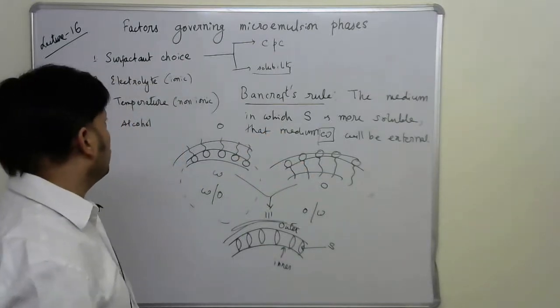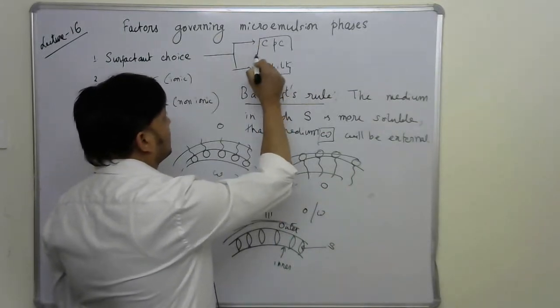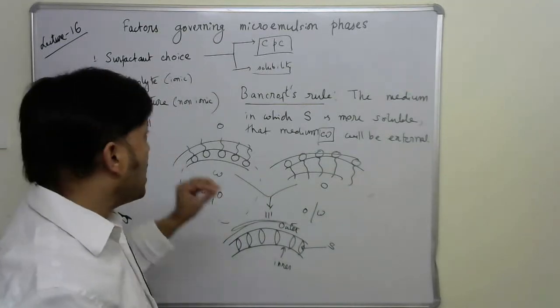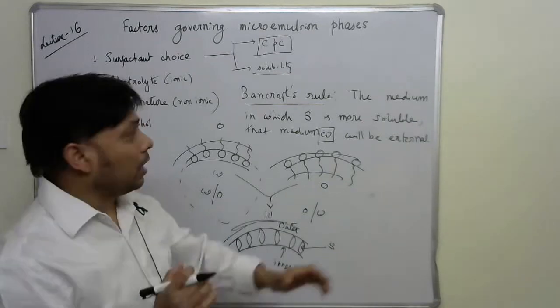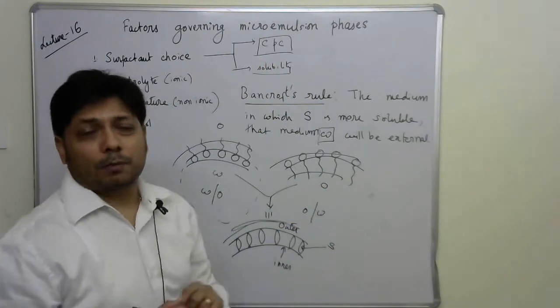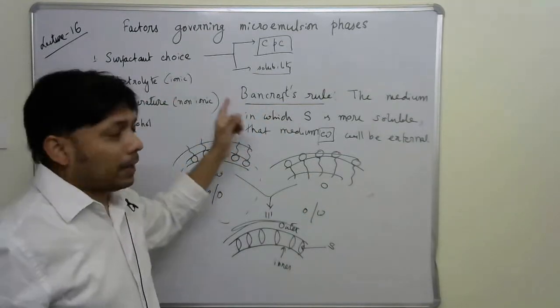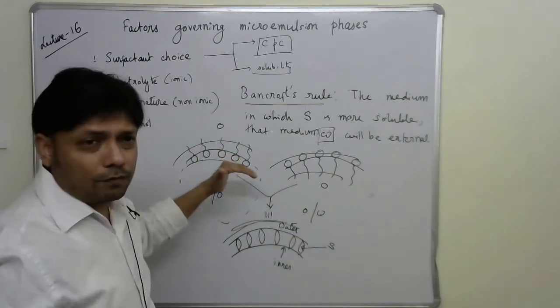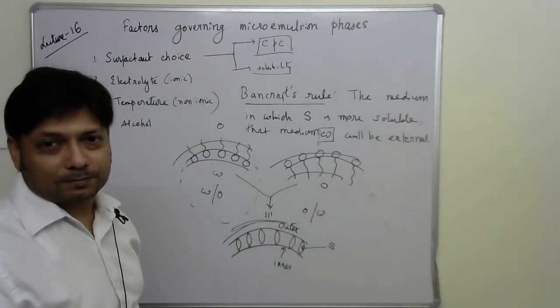Next we move on to the factors that govern the microemulsion phases based on the structural geometry of the surfactant, in other words, the critical packing parameter. Let me clean the board and address the critical packing parameter in the context of different phases of microemulsion.